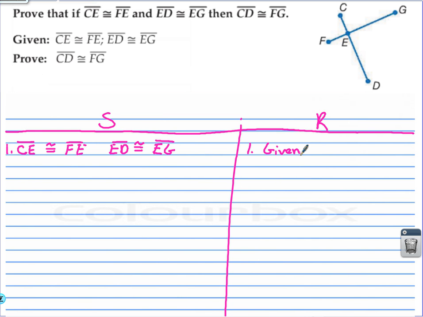So we're given that this line segment is congruent to this line segment. And we're also given this medium-sized line segment is congruent to this medium-sized line segment. And we want to prove that CD, this whole thing, is congruent to FG, that whole thing. Now, how in the world are we going to do that? Just watch through the first few.